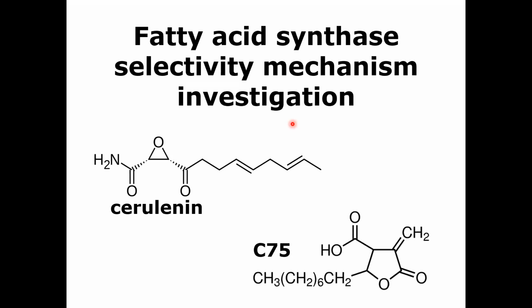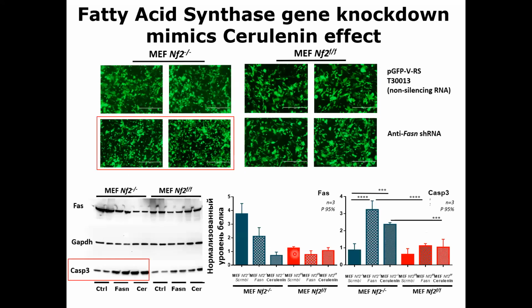which is the fatty acid synthase inhibitor, and its analog C75 that was found in the pharmacological analog studies. So they both inhibit the fatty acid synthase. And the first thing to actually check was to knock out the fatty acid synthase itself and to see if the genetic inactivation of the enzyme would cause the same effect.